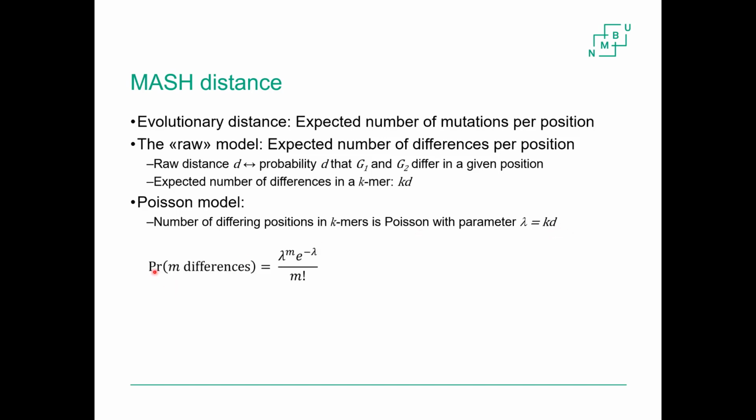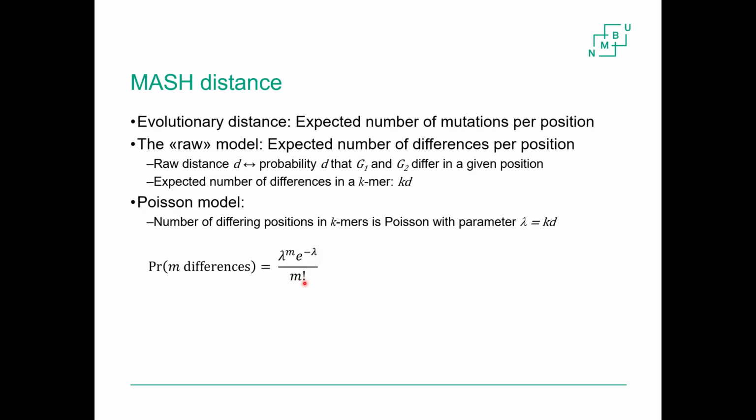So here is the formula, the probability mass function, as we say, for the Poisson distribution. The probability of m differences, if it's a Poisson variable, follows this formula. You can see lambda to the power of m, then the exponential function, and then m factorial in the denominator.